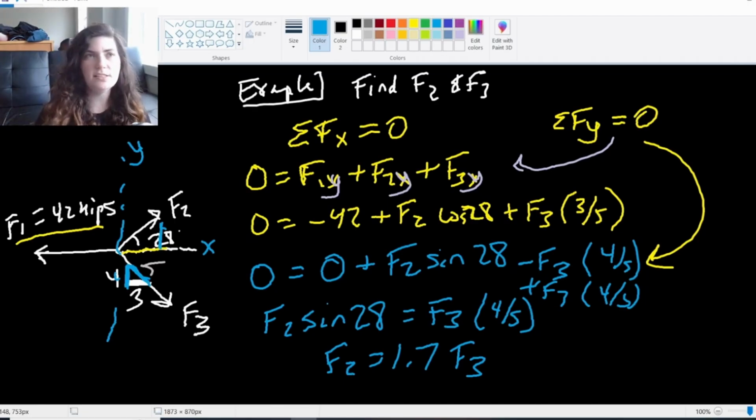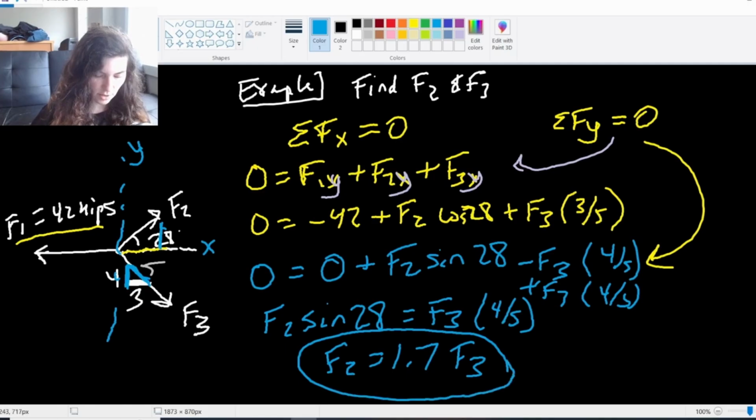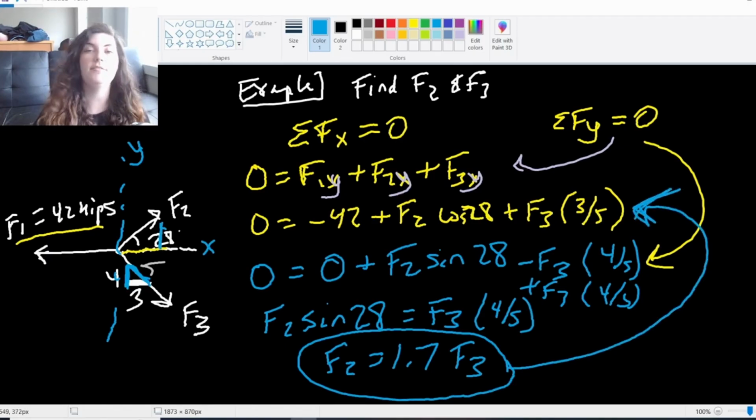And so this is now just basic algebra that most of us probably learned in high school, just solving the system of equations. We're going to take this, plug it into this equation up here, and now I have a single variable for that equation, and I should be able to solve and get what f3 is equal to.